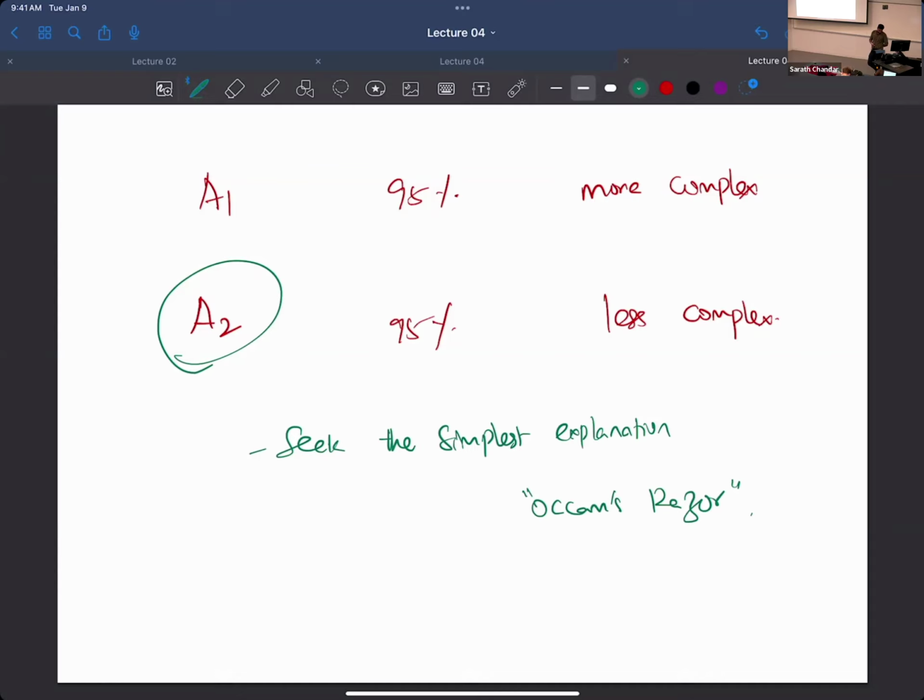But it's a philosophical argument that when there are two explanations for something and one is simpler, you should pick the simplest one, probably because it's sufficient to explain things.